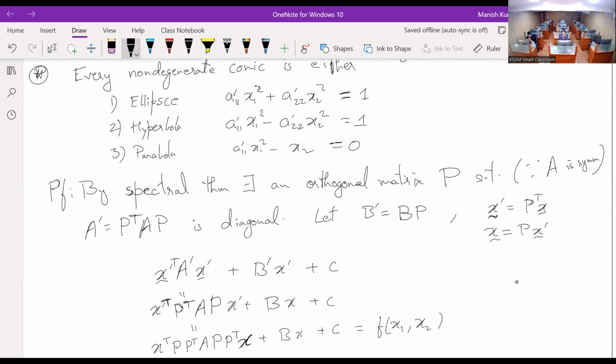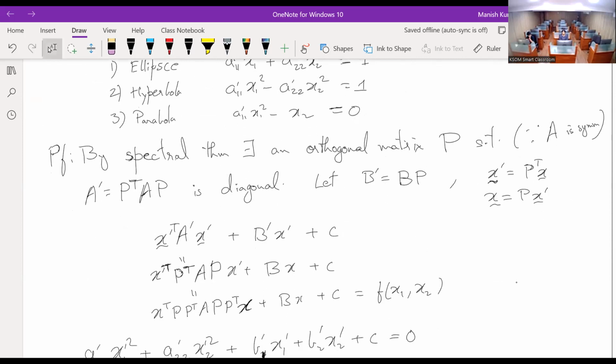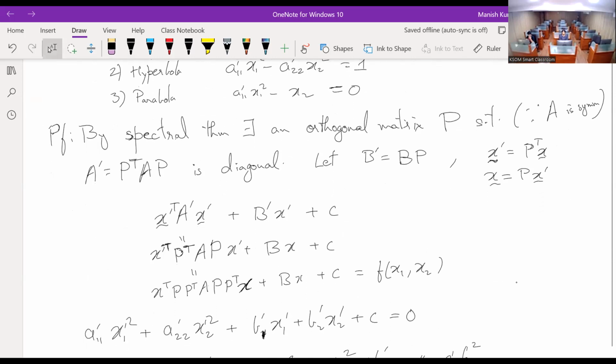So if you put x prime as P transpose x tilde, and b prime as bP, and A prime is this, then look at what happens to this equation. I've written it upside down, but it doesn't matter. Then x prime transpose A prime x prime plus b prime x prime plus c is the same as, now you substitute for x prime as P transpose x tilde.